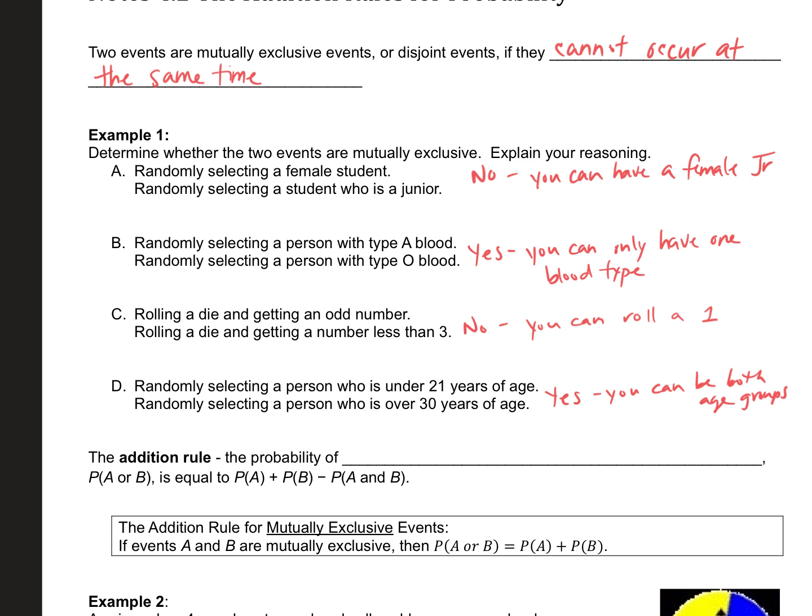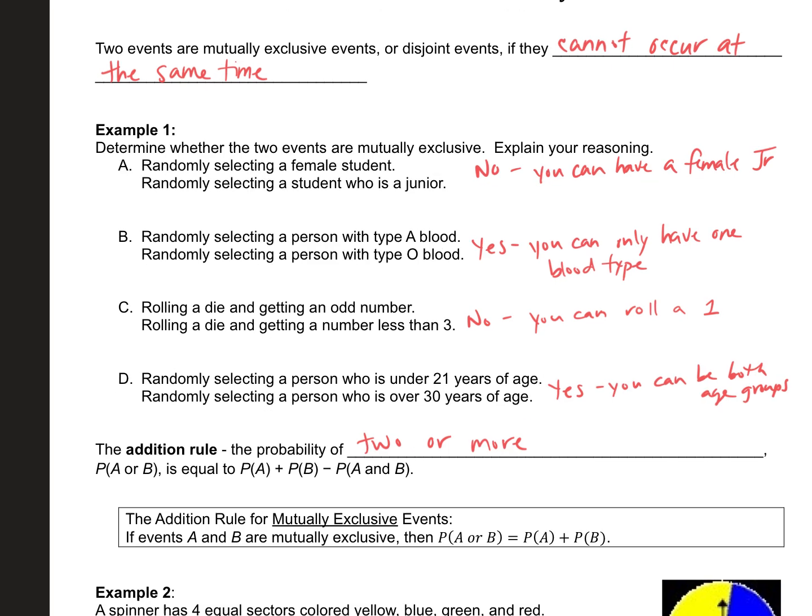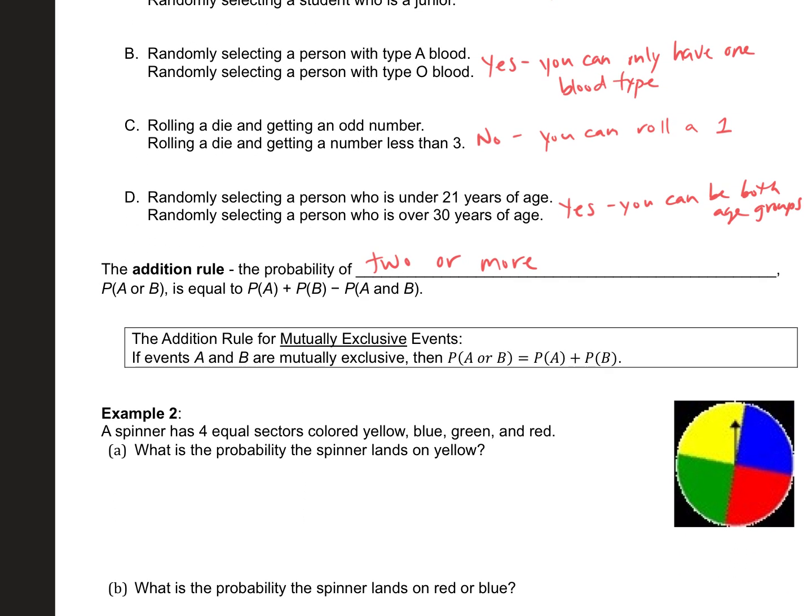So the addition rule is the probability of 2 or more events. So what we're doing is, instead of having a chart, we're going to be dealing with the same stuff we were doing in 4.1, but now we're applying the mathematics to it. Now, you need to know this right here.